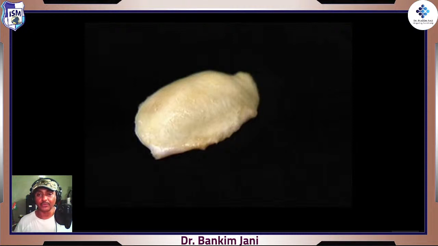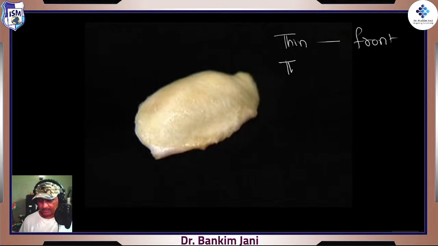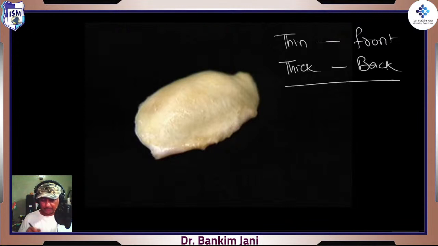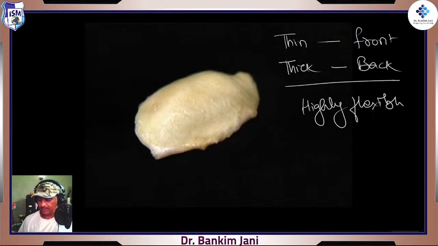The idea is, this disc is thin in front, and on the back side, thick. But the best part is, if you try to push it, this is a highly flexible articular disc. So this is something which remains in between.